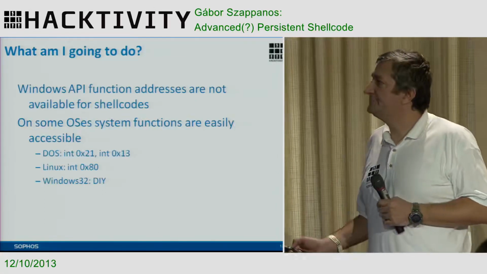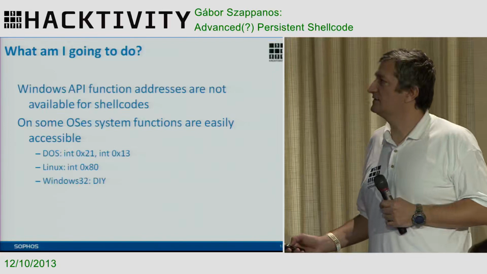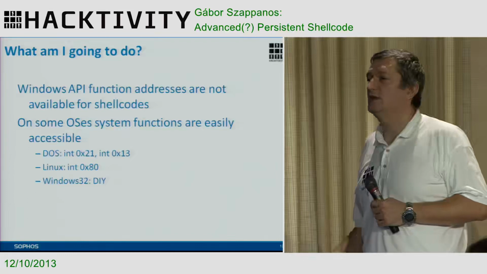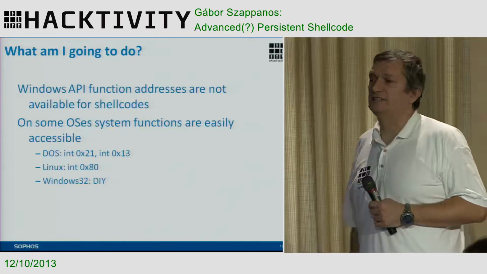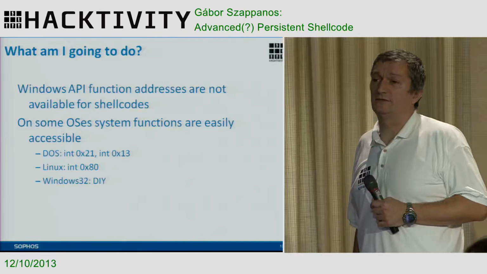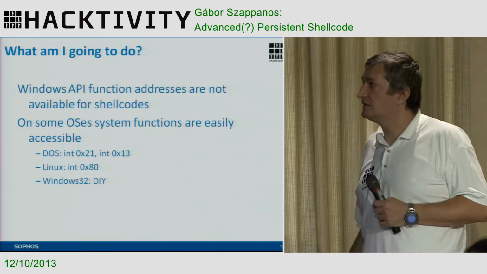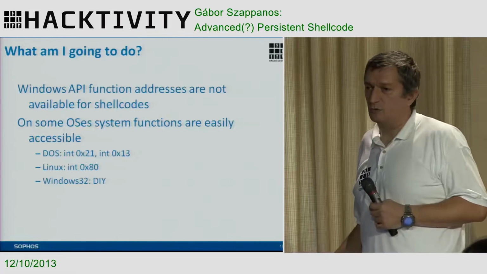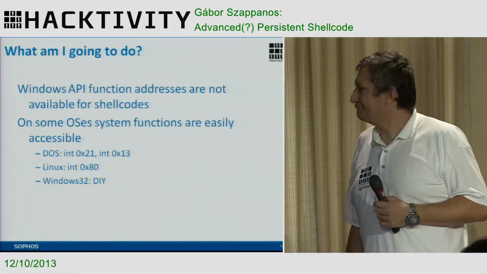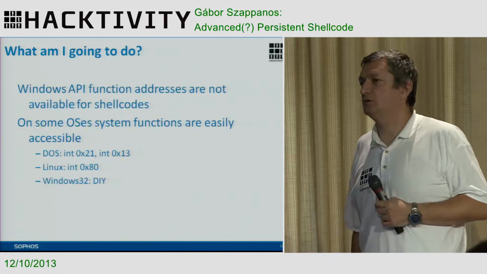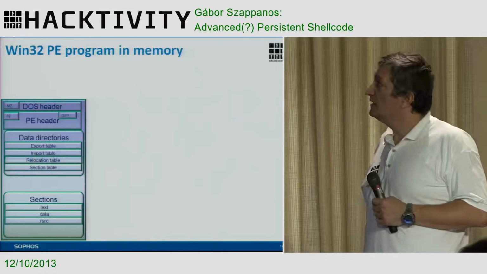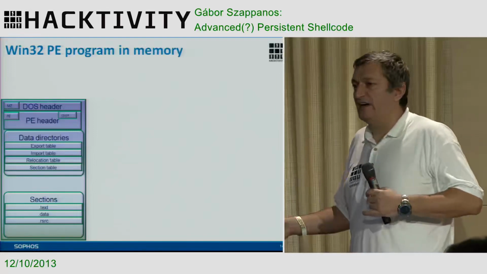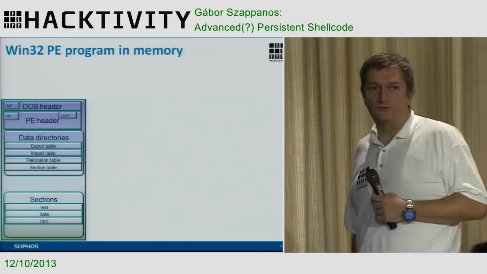For example, on DOS, there is the hex 21 interrupt for the DOS functions, file and memory management functions, or the hex 13 interrupt for the BIOS disk handling functions. On Linux, there is the hex 80 interrupt for the system calls. On Windows, there is nothing. The shellcode has to get it for itself. So, to understand how it happens, let's see why it is so different for a shellcode from a normal program.